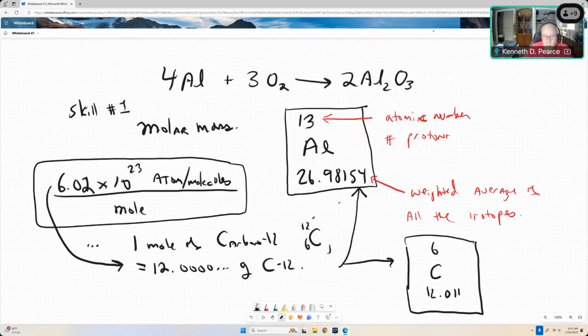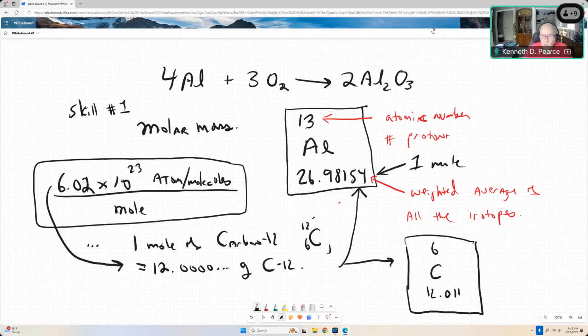This number here becomes 1 mole, and it tells you how much that weighs. How much does 1 mole of aluminum weigh? 26.98154 grams. How much does 1 mole of carbon weigh? 12.011 grams.